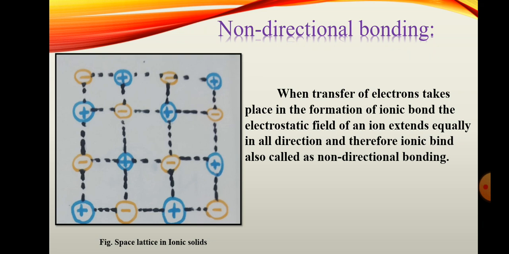In this picture we see the positive ion is surrounded by negative ions and the negative ion is surrounded by positive ions. So it means in all directions the bonding is very strong, and therefore ionic bonding is non-directional bonding.